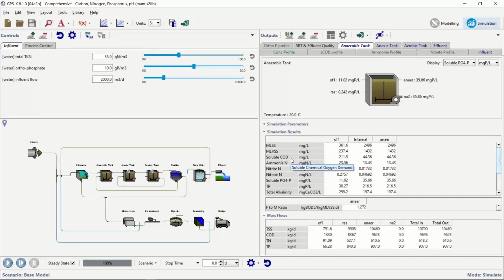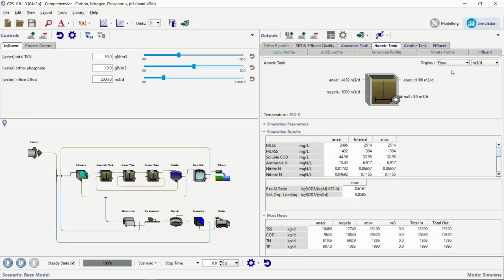Okay, so now we're moving on to the anoxic tank. I'm going to do the same thing here. Let's go back here, and we can see that there's our 35, almost 36 milligrams per liter of soluble phosphorus coming in. And of course, we have this internal mixed liquor recycle of next to nothing coming in.